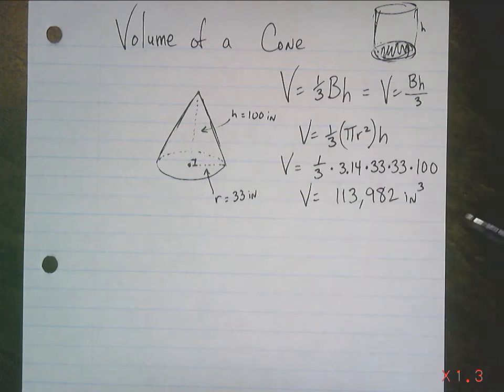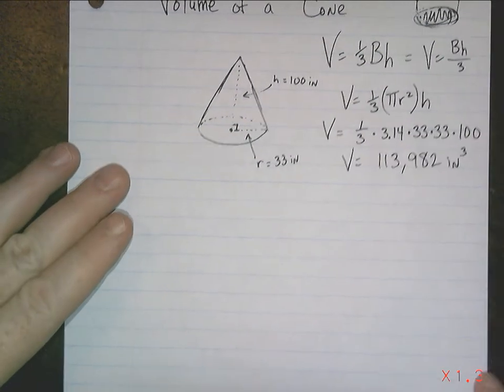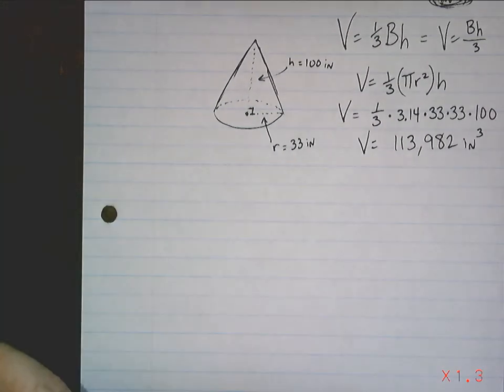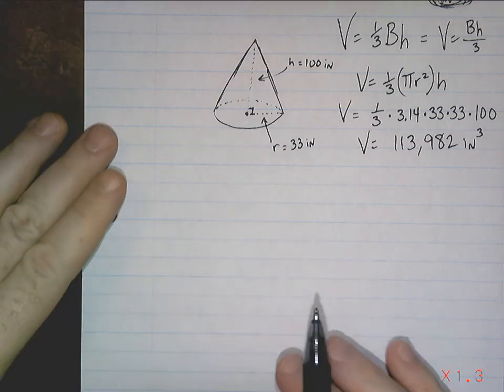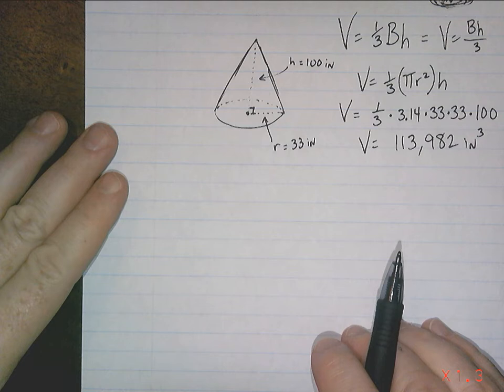All right. Now, sometimes they'll give you the volume right up front, and then they'll give you one of the dimensions, but not the other dimension. So the question is, how do you find out one of those dimensions?